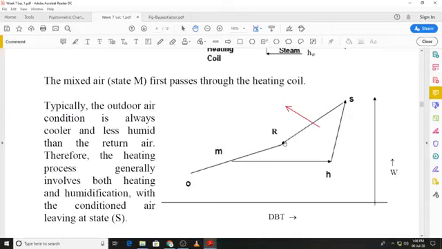So that's why we have to supply air at a higher humidity ratio and a higher temperature.